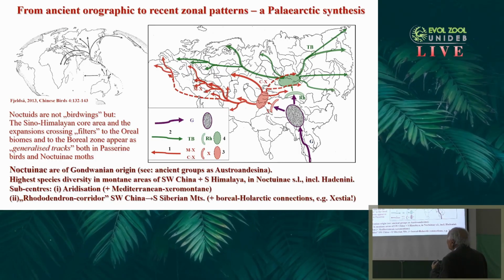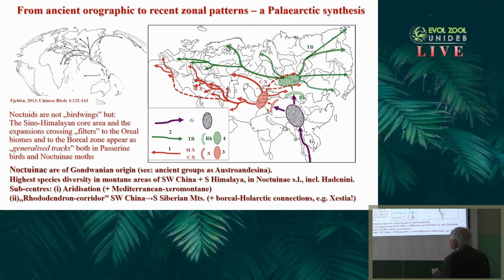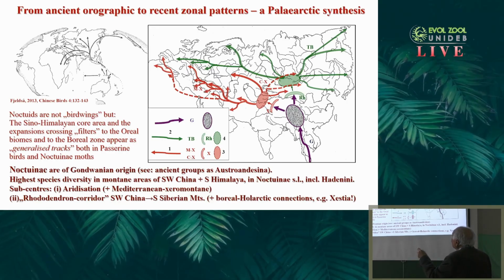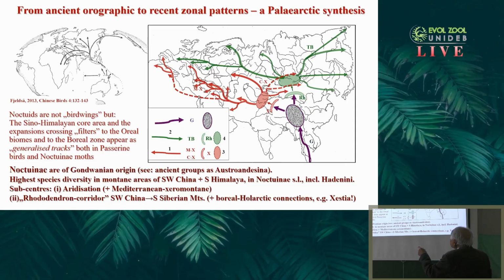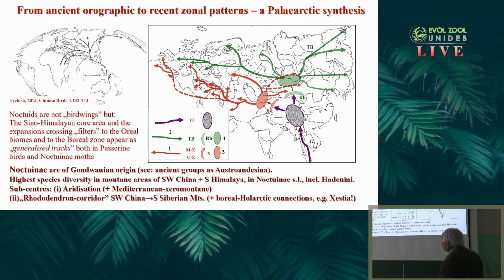You can get some ideas on the origin if you compare different groups, for example, the Noctuid moths and birds of the Central Asiatic areas.